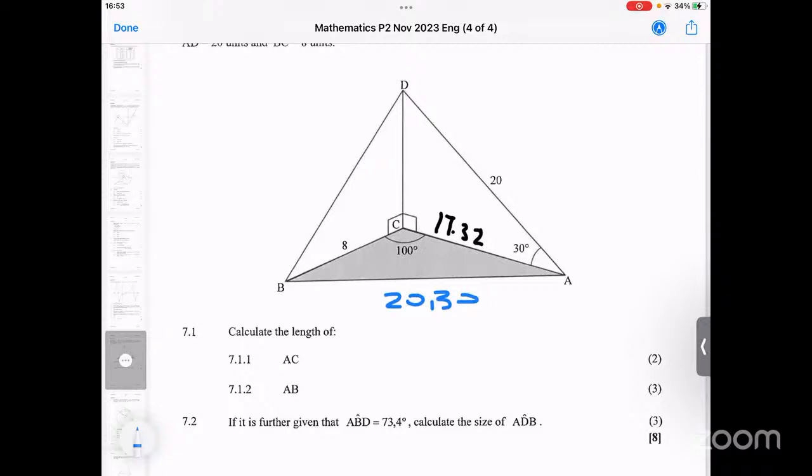So it is further given that triangle ABD has angle B being equal to 73.4 degrees. Calculate the size of that angle. Okay, there's another question, Didintle.